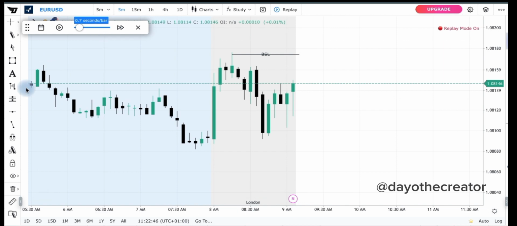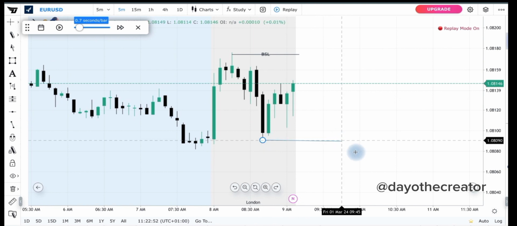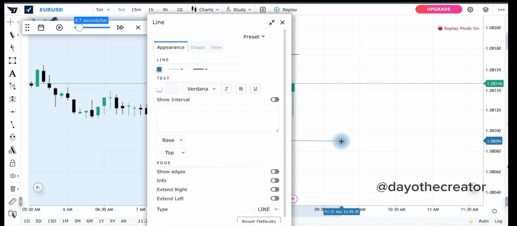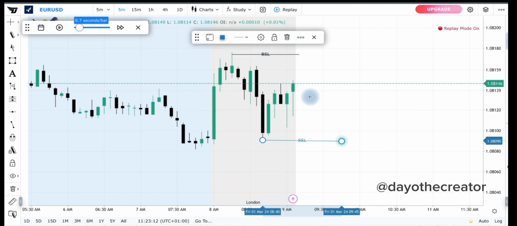Then this is our low, which is our sell side liquidity, we are going to be labeling as our SSL. So after indicating it as our SSL, what's next?